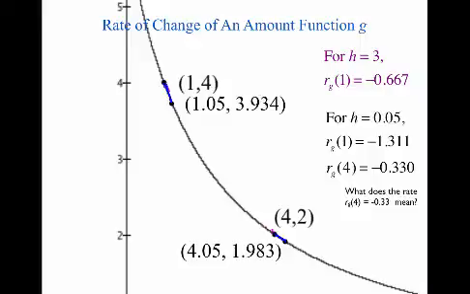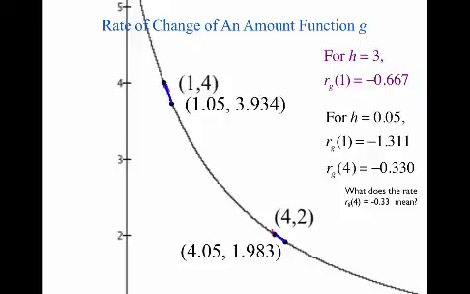Okay, where is Emily? Emily Armstrong. Emily, how'd you do? So what's the meaning of the negative 0.33 in this context? When x equals 4, the change in y is negative 0.33 times the change in x.